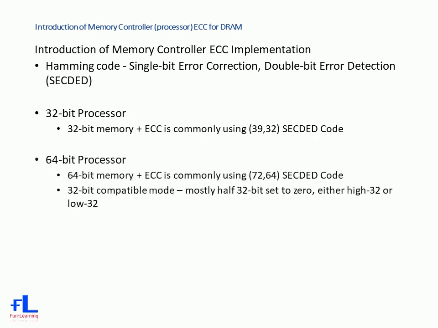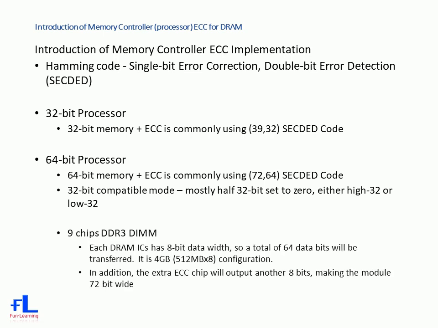A 64-bit processor with a 64-bit memory data path width, plus ECC, commonly uses the 72/64 SEC-DED code. A 64-bit processor working in 32-bit compatible mode mostly sets half of the 32 bits to 0, either the high 32 or the low 32.